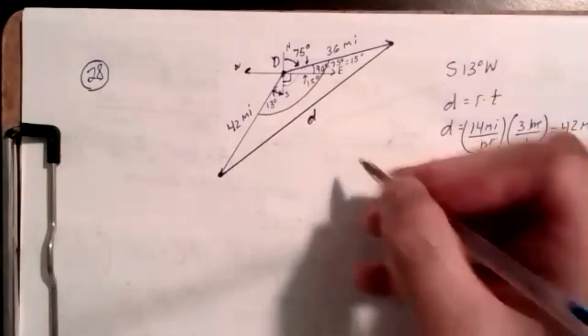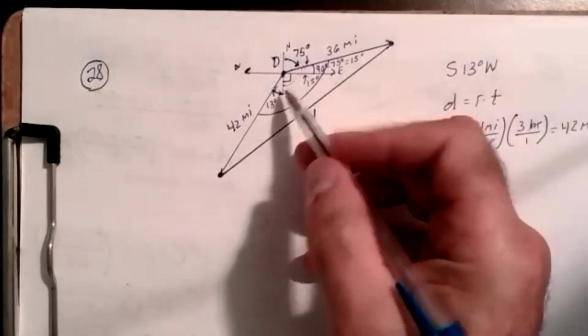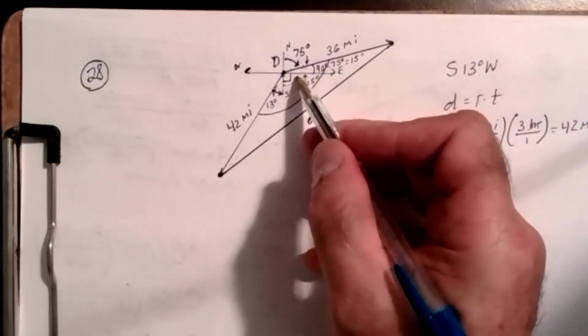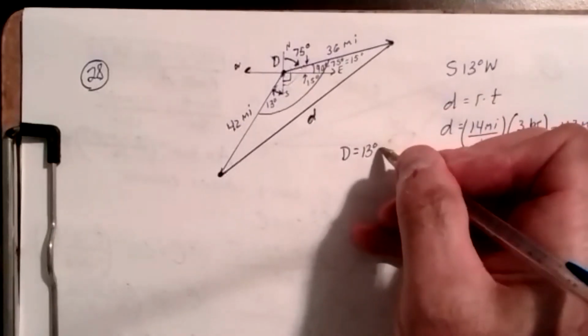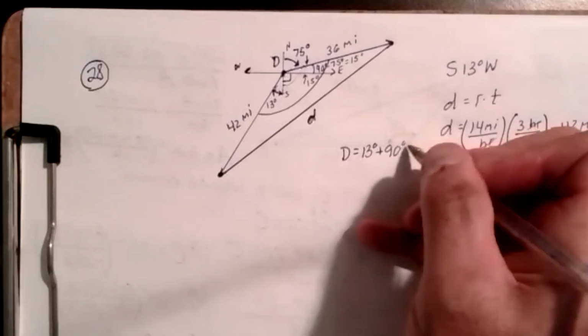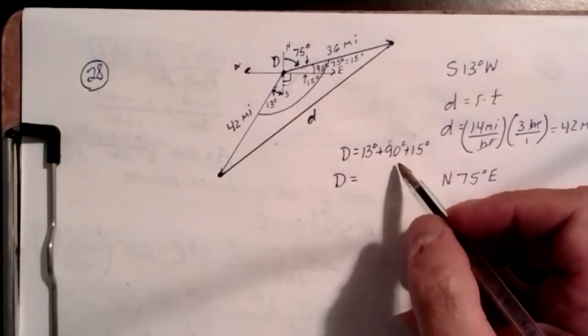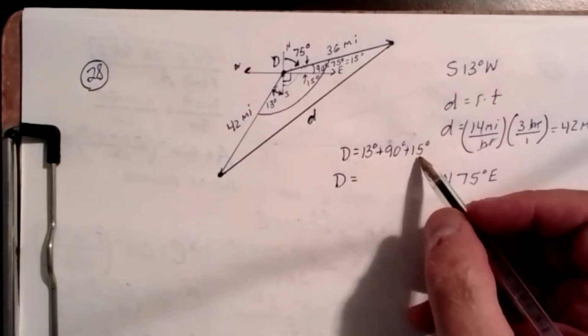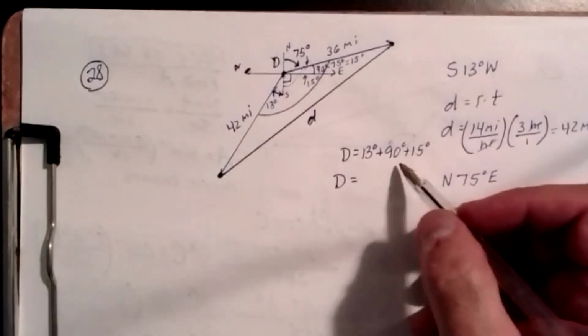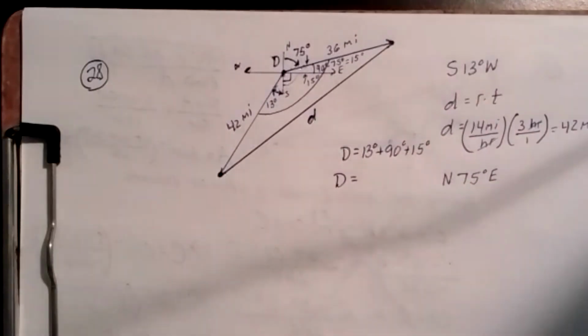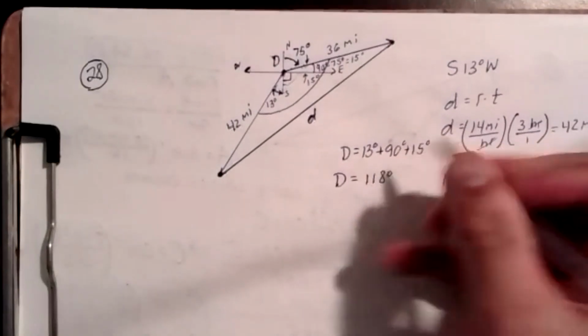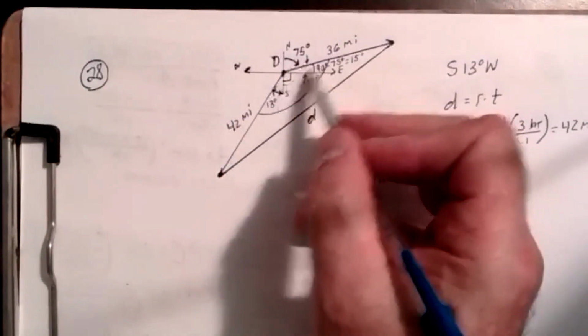So angle D would be 13 degrees plus 90 degrees plus 15 degrees. That would give us 100 and what, 18 degrees, is that correct? Or did I mess that up? 118 degrees. So ladies and gentlemen, this angle is 118 degrees.